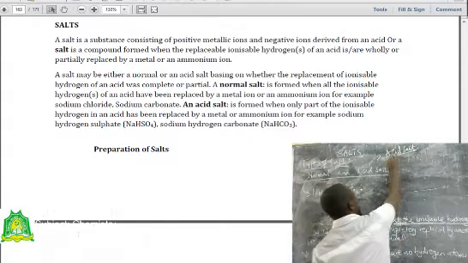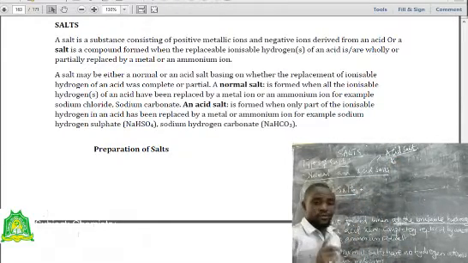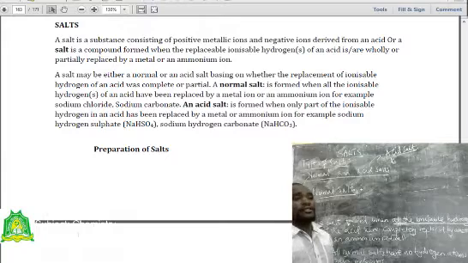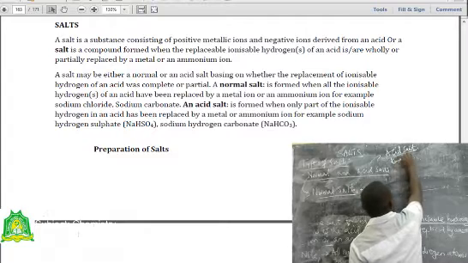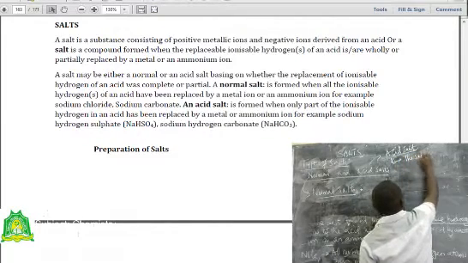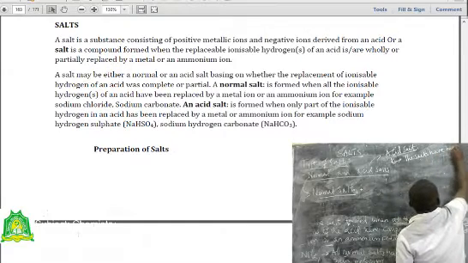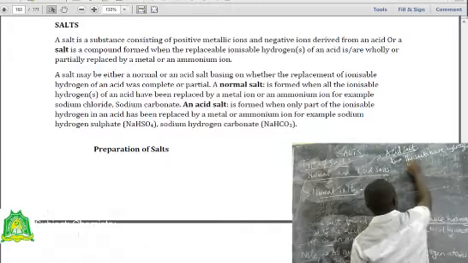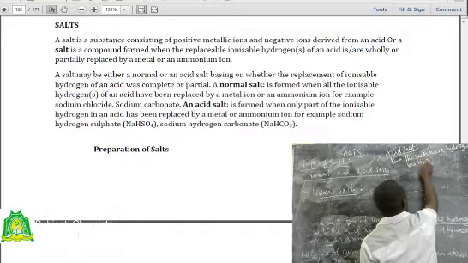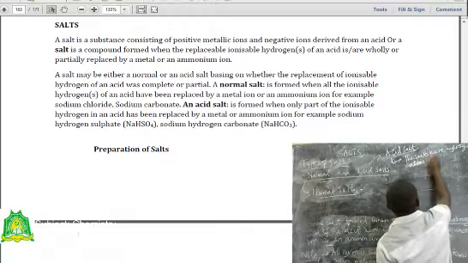So when we say an acid salt, that means that salt has hydrogen atoms in its molecules.